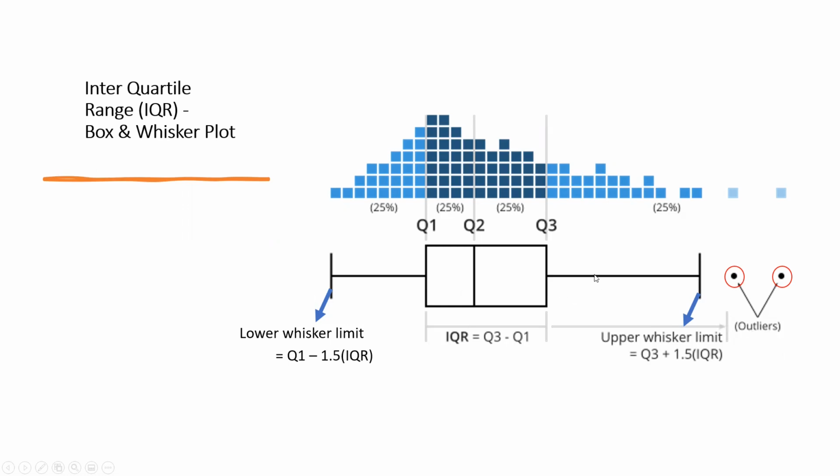The only thing they will miss in the box and whisker plot is the nature of the distribution. They won't be able to understand whether it was a perfect bell shape, or whether it was skewed, and if it is skewed, how much skewed it is. That information they can only eyeball from the histogram, not from the box and whisker plot. But apart from that, this holds a lot of other information.